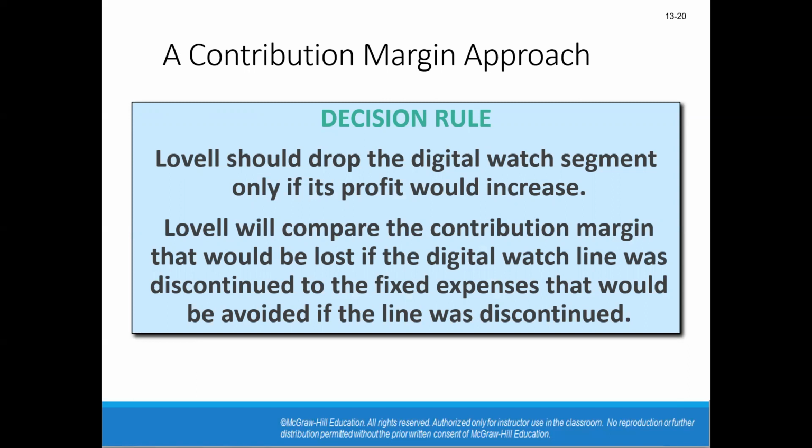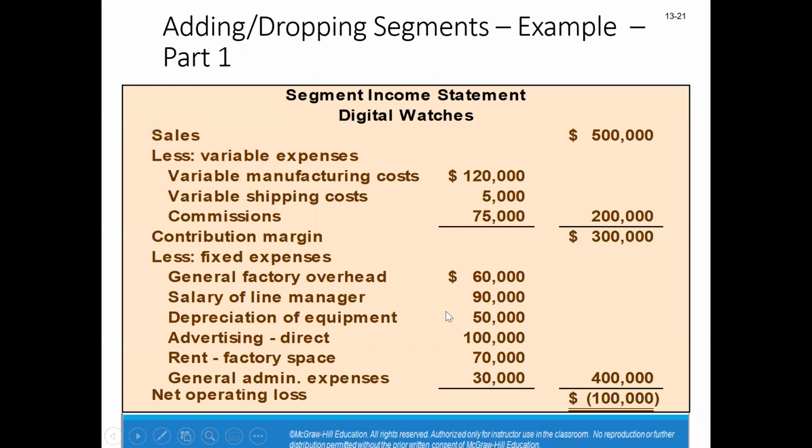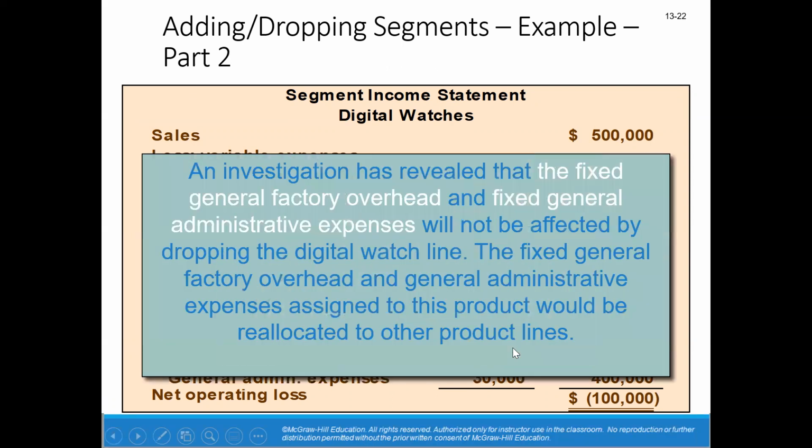Lovell's going to compare the contribution margin that would be lost if the digital watch line was discontinued to the fixed expenses that would be avoided if the line was discontinued. So here we've got, just on the digital watches, the sales, the variable expenses, and the fixed expenses. We've got a loss here of $100,000 on this segment.